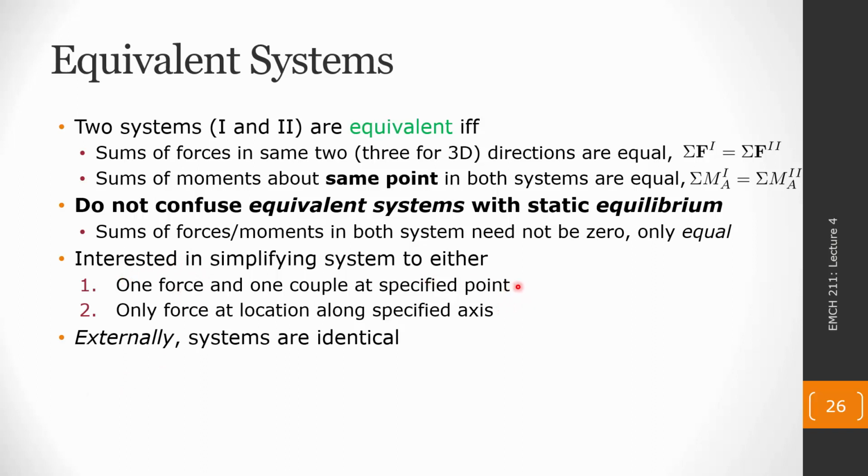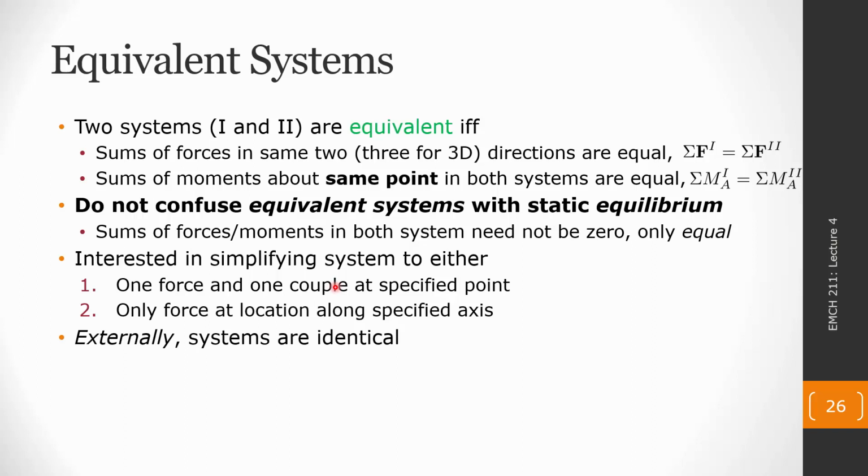Well, we might be designing some system that we want to act a certain way, but we want to achieve it in the simplest possible form, possibly using just one force and a couple at a specified point, for example. And this can be accomplished if we want to use as few materials as possible. We could make an equivalent system that acts the way we want to with just one actuator that's providing a force and one motor or one servo, which would be applying a couple.